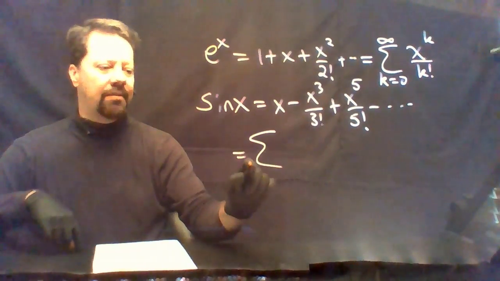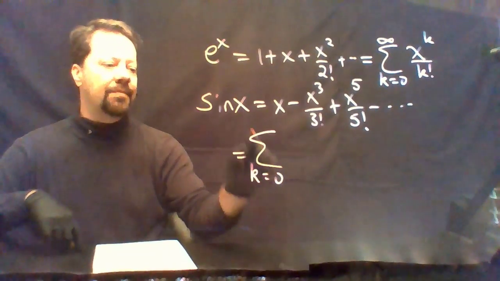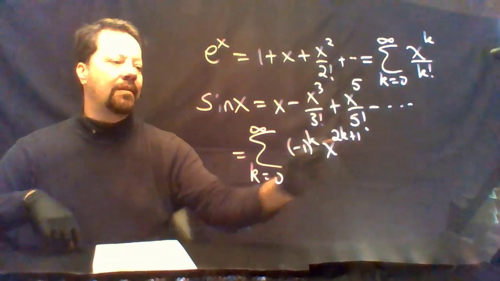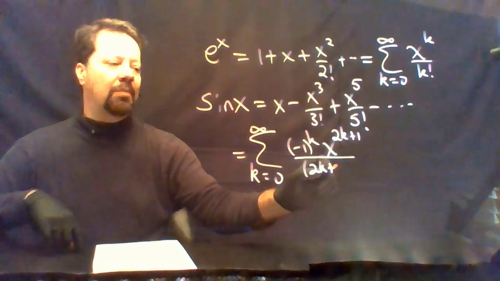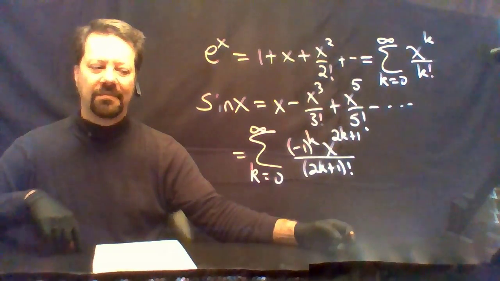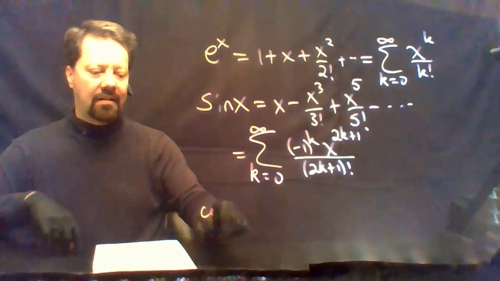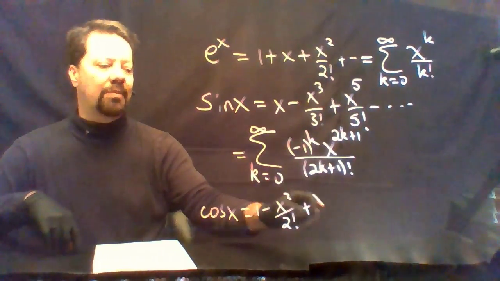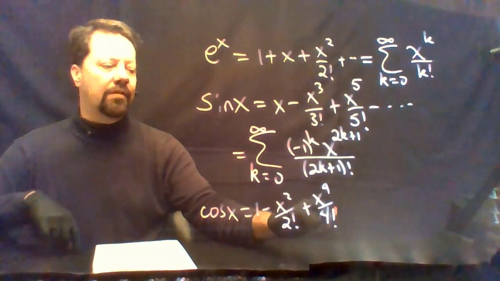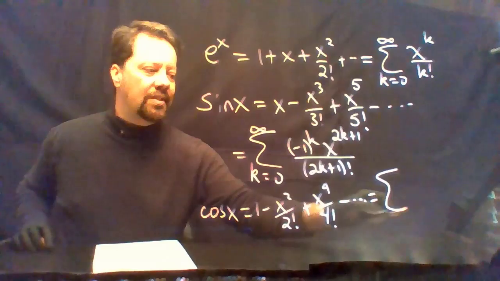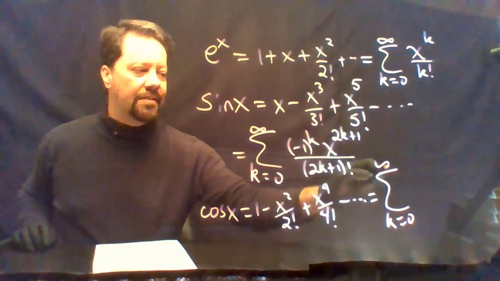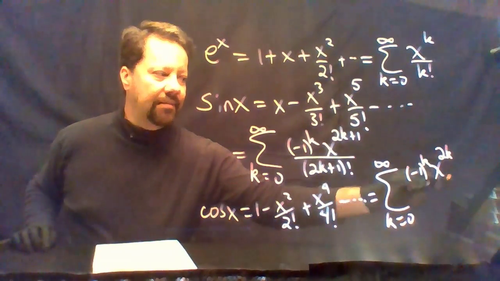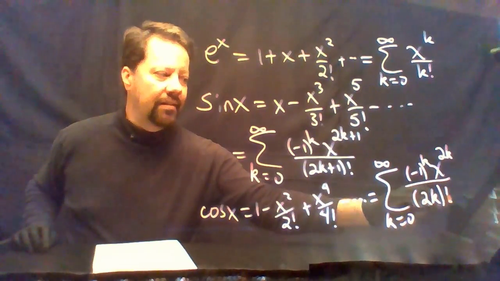Its sigma notation representation is the sum as k goes from 0 to infinity, -1 to the k, x to the 2k plus 1, divided by (2k plus 1) factorial. Cosine is 1 minus x squared over 2 factorial plus x to the 4th over 4 factorial, and so on, and its sigma notation representation is the sum as k goes from 0 to infinity, -1 to the k, x to the 2k, divided by (2k) factorial.